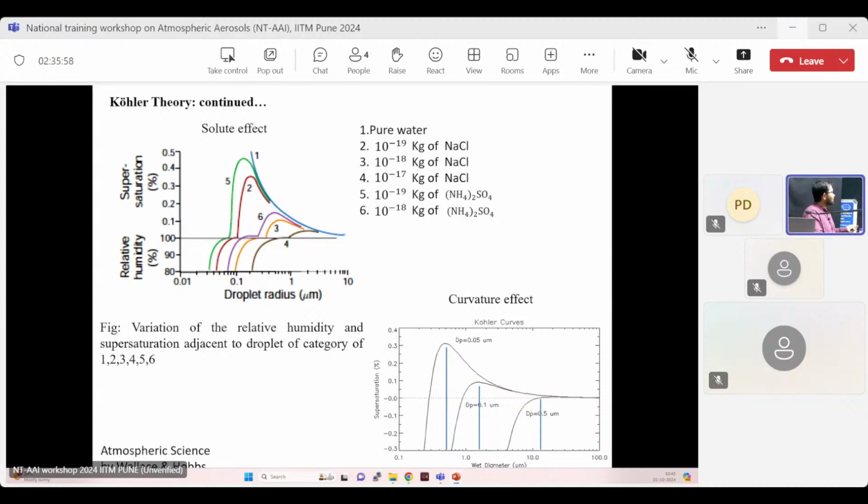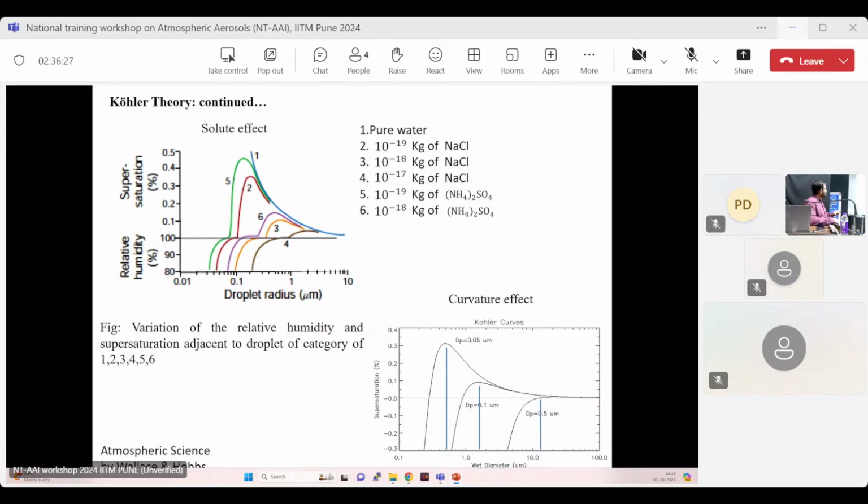The least is 10 to the minus 19. You see the activation curve, that is the second one, way higher than 3 and 4. That means if you increase the mass of your seed particles, your activation curve is bound to go down. You will need lesser supersaturation to make the particle activated and act as a cloud droplet.